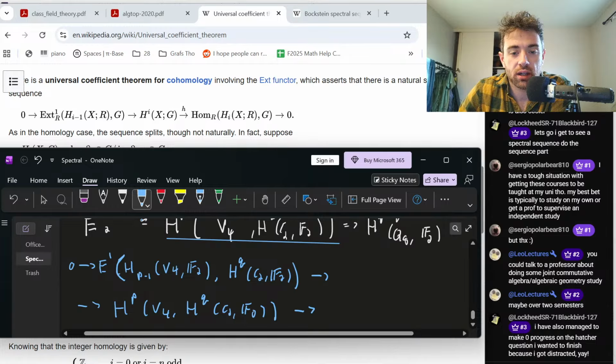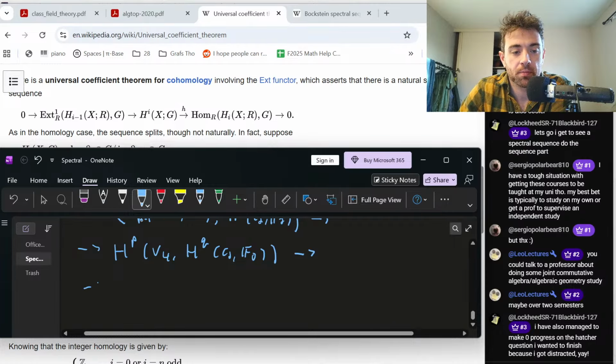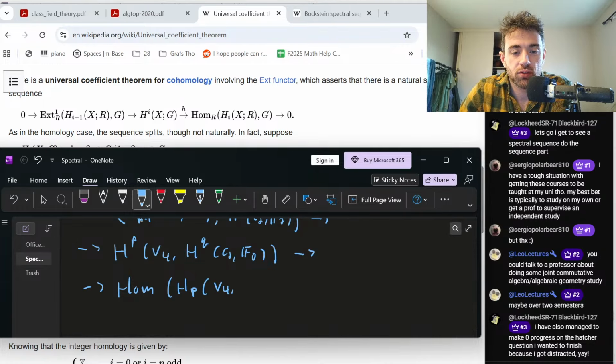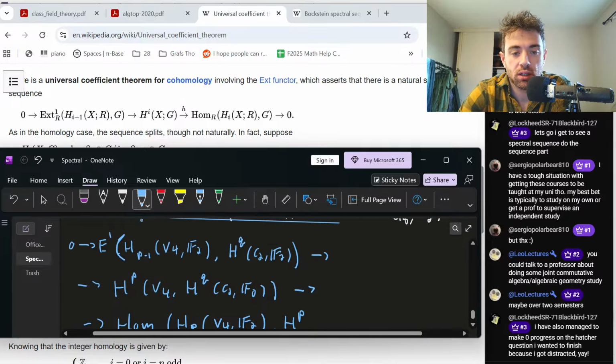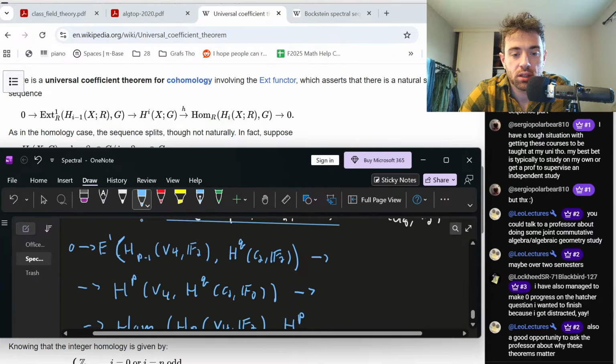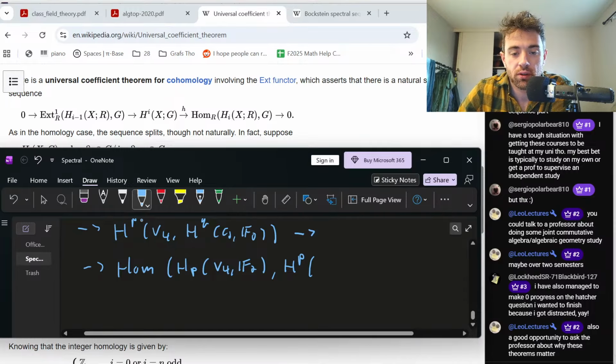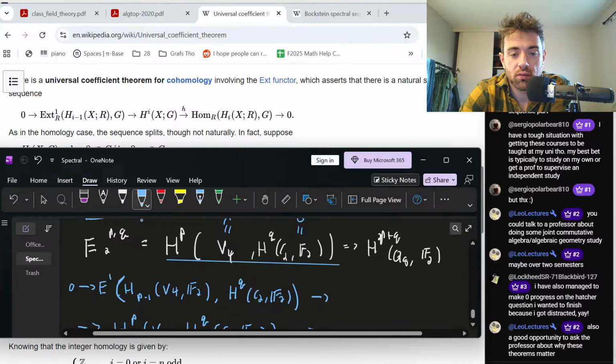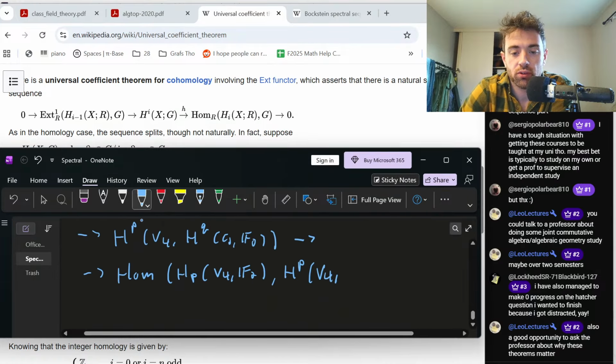And that will go into Hom of H_p(V4, F2) into H_p(V4), H_q(C2, F2).